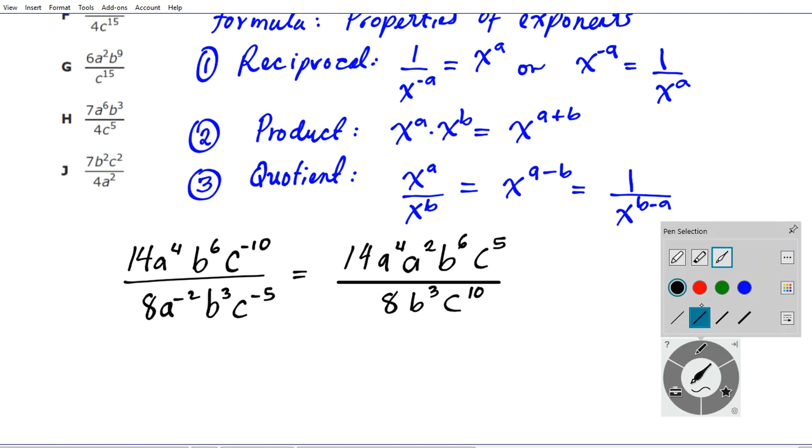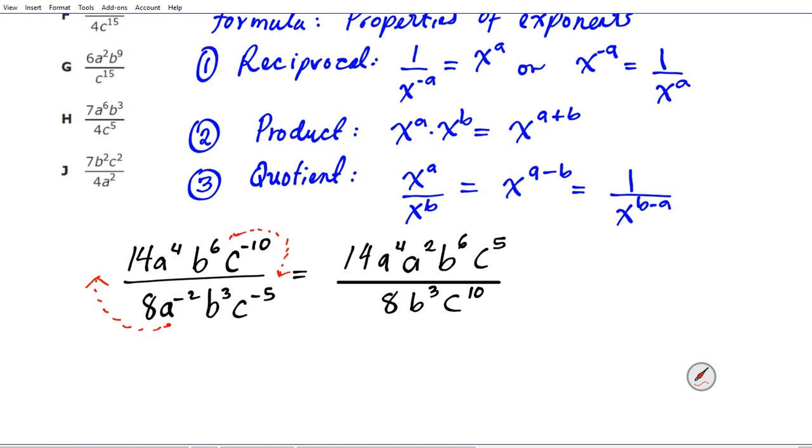So what did we just do? We just basically took the terms with the negative exponents and we switched the position. This one, we sent it downstairs, and this one, we sent it upstairs. That's all we did, because of their negative exponents.